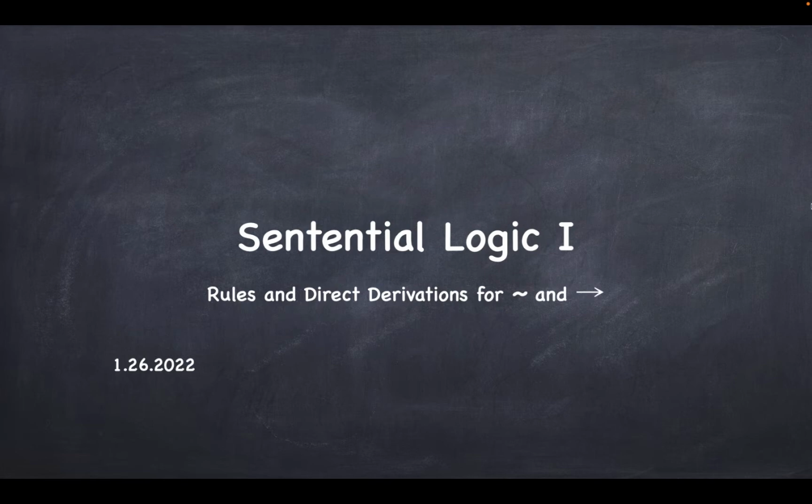These inference rules only involve negation or tilde and conditional or arrow. And there are obviously going to be a lot more inference rules that we'll learn when we are introduced to the other three logical connectives later. And then we'll talk about direct derivations, and I'll go through how to do those on Carnap.